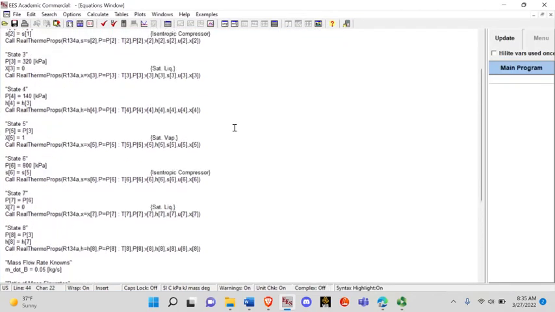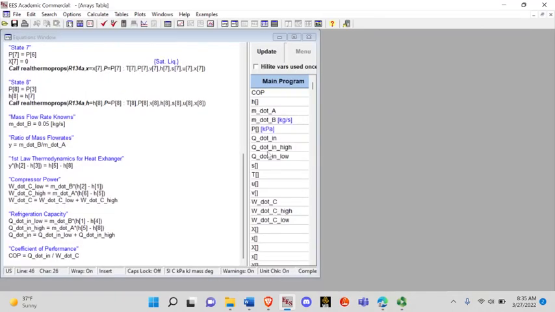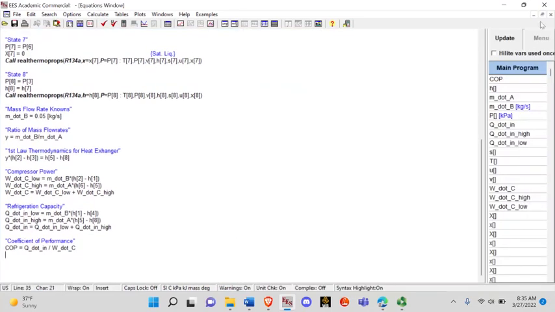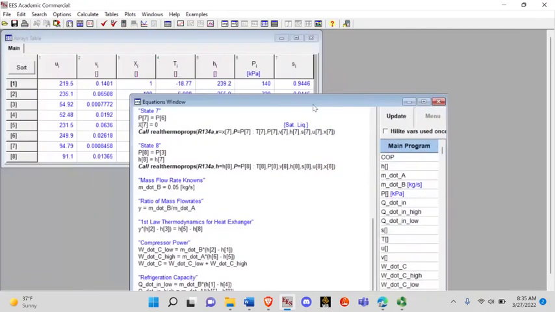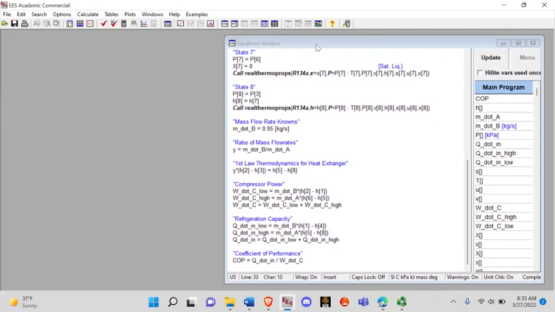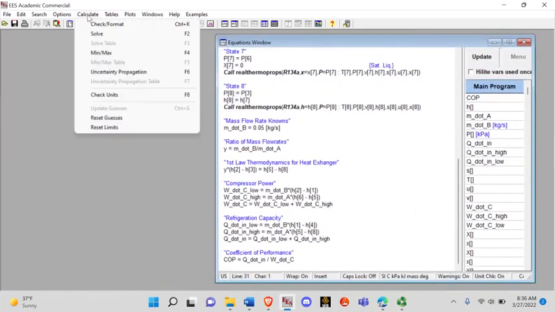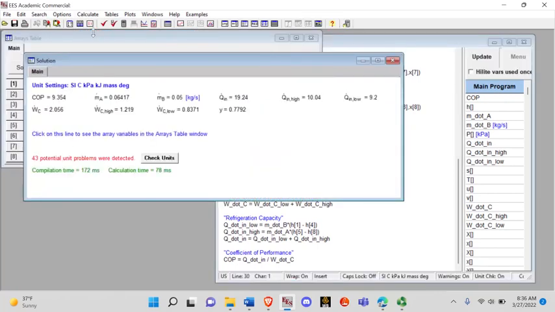Just make this bigger. And when we calculate solve, we'll see if there's any errors in the code. Do not believe there was. Okay, so here's our array table. Where did it go? Do calculate solve again. Okay, here we go.